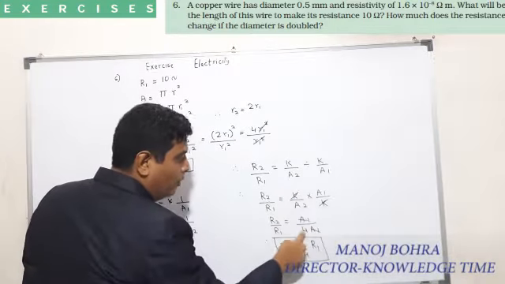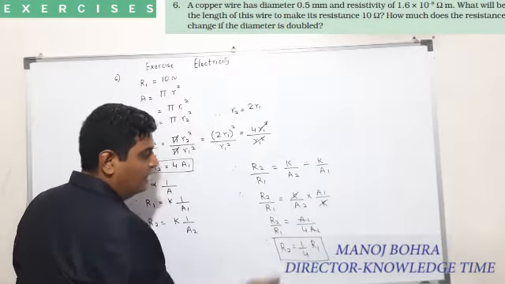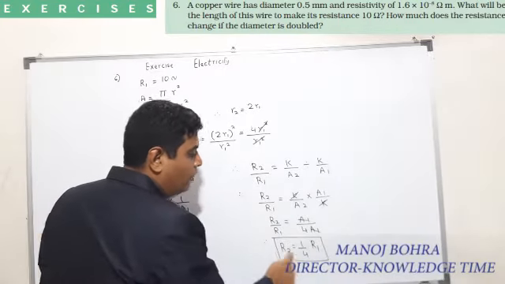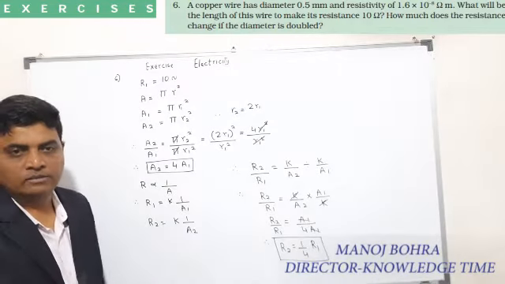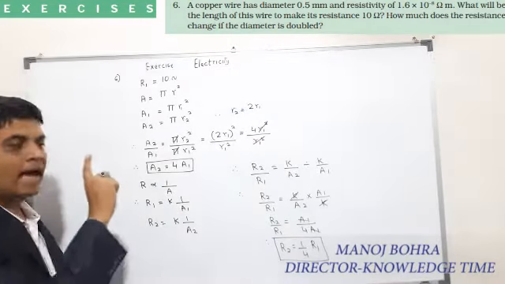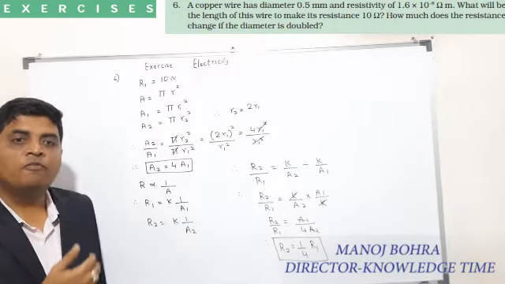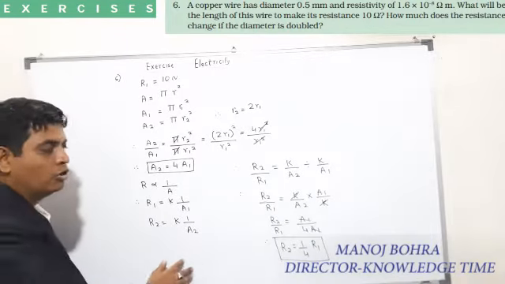So it is A1 upon A2. A1 divided by 4 times A1. A1 gets cancelled. R2 upon R1 is 1 upon 4. Therefore R2 is 1 upon 4 into R1. Understood? So this is your answer. So when the diameter is doubled, my resistance is 1 upon 4 times the original resistance. Okay, please note down this sum.